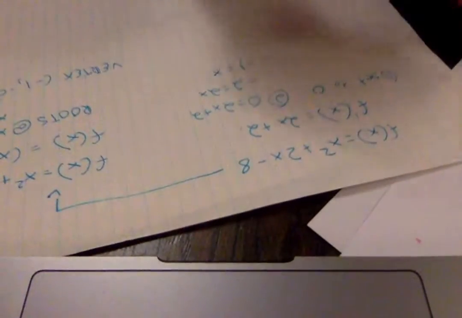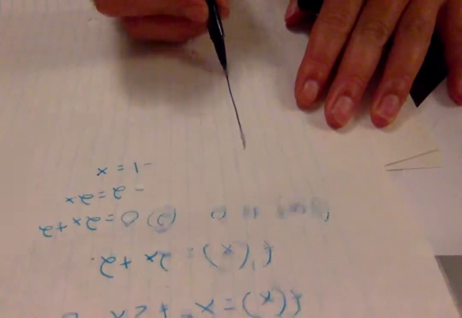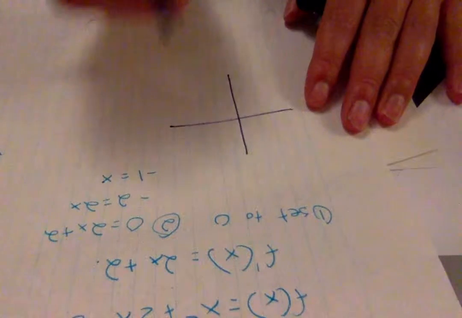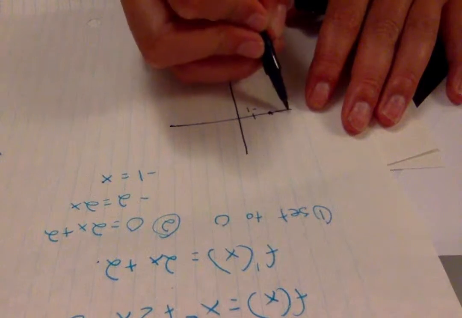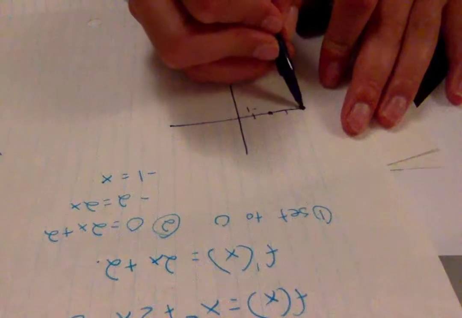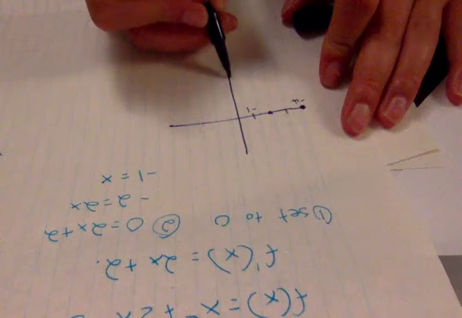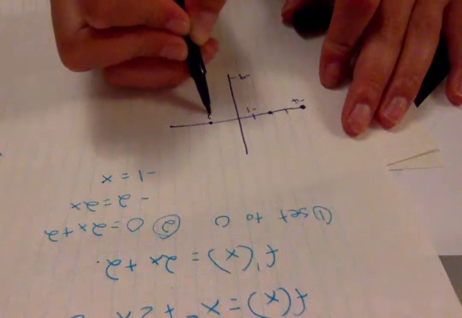From here we can graph it. I'm just going to take a darker pen. Here is -1, -3, and -4. And then down here we're going to have -9 and 2.